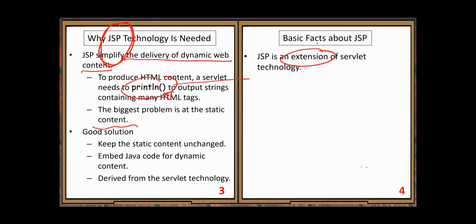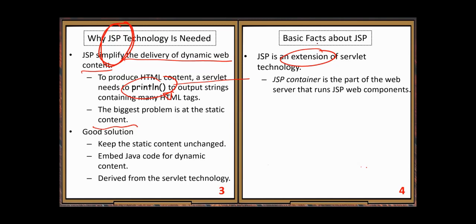Above that foundation, it just uses some way to format different types of information, static and dynamic. It separates static and dynamic to handle them in different ways. Later we will see one JSP file and one Java servlet. There is a close relationship, so we will connect these two things. You will see that.